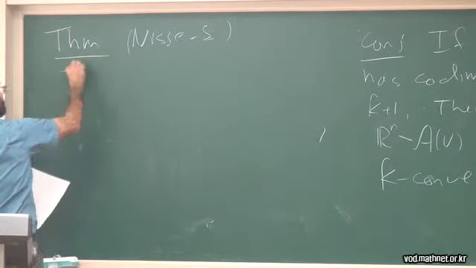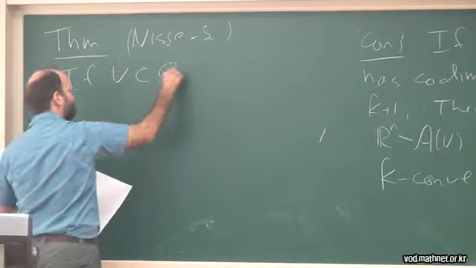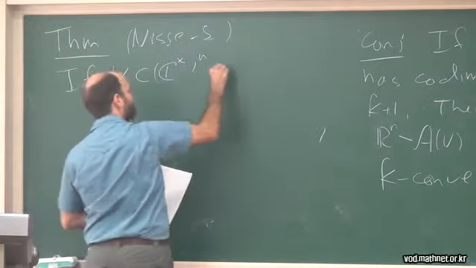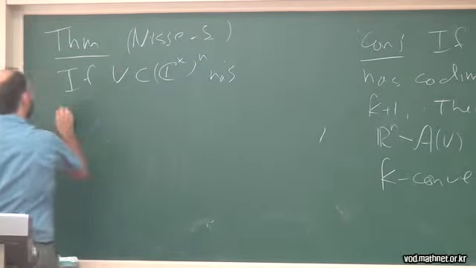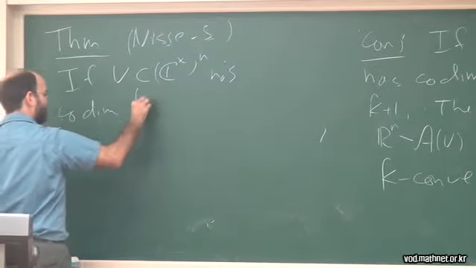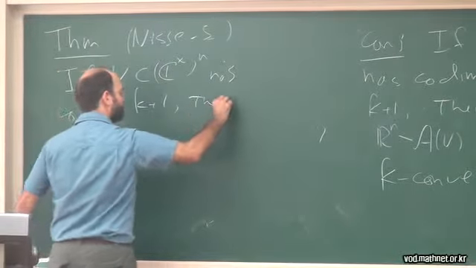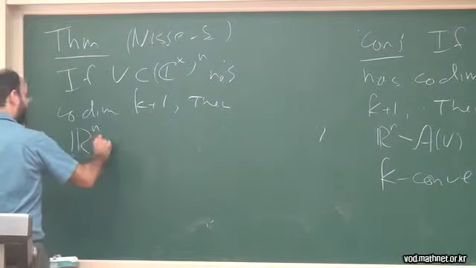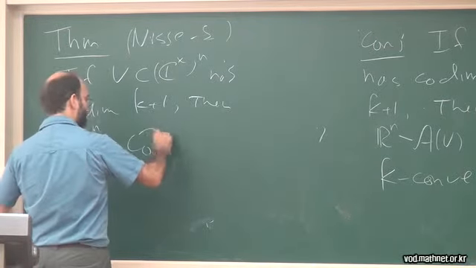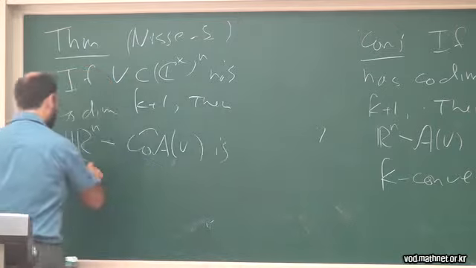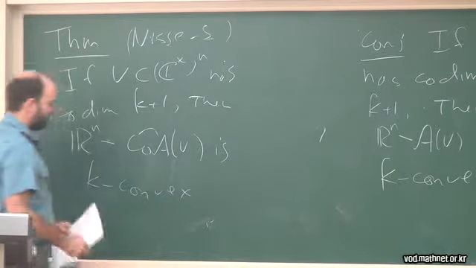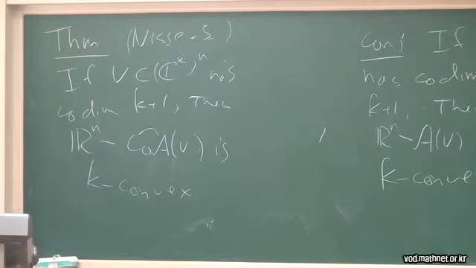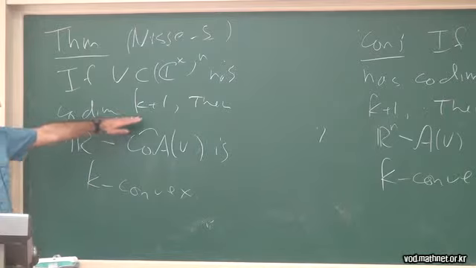It says that if V contained in C star to the n has codimension K plus 1, then R to the n minus the lifted coamoeba of V is K convex. And we saw this already roughly in the case of lines in 3 space. Their K was 1.